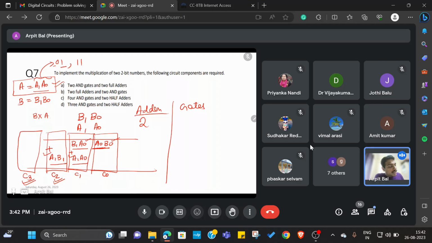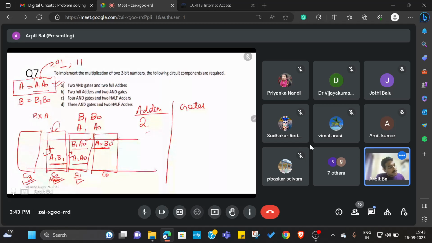Adders we will need two for sure, because for c1 there are two terms that we have to reduce to arrive at c1, so there will be one adder. The next adder is at c2. As mentioned by one of the participants, the carry resulting from c1 also needs to be added to this particular term to generate c2, right? So there are two adders that are needed.